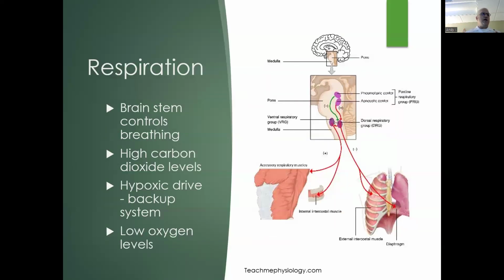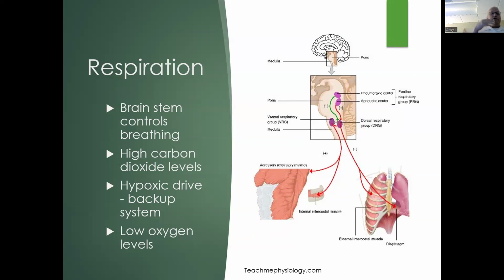All right. In respiration, this is where the whole chemical level process happens. So the stimulus to breathe is found in the medulla, in the brainstem. This is in a normal body. It's actually driven by high levels of carbon dioxide.